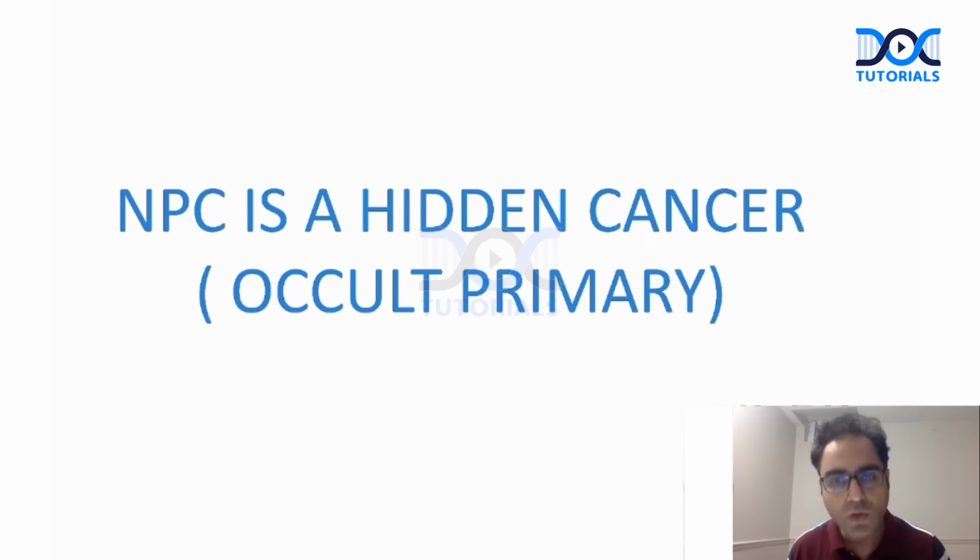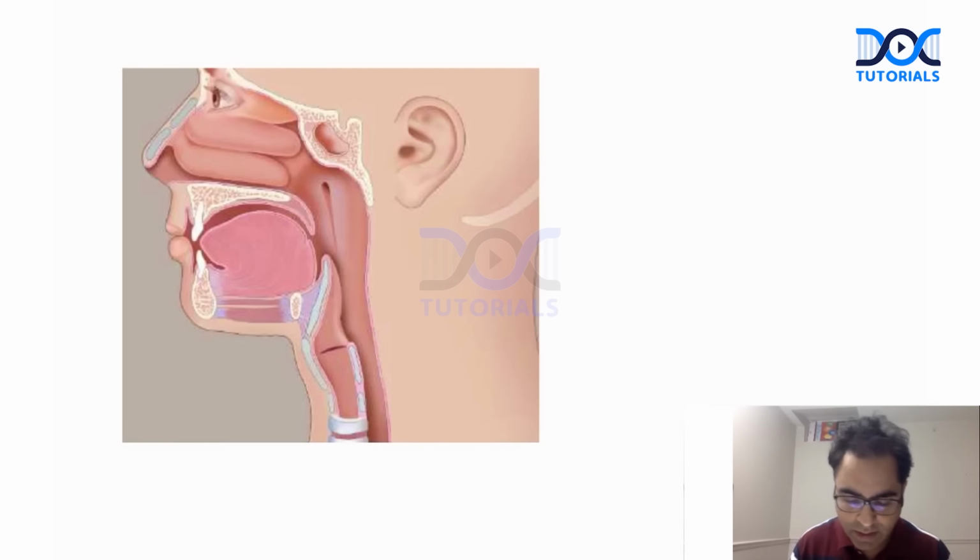Now, as I told you, NPC is hidden cancer, means occult primary. Now, cancer is actually developing in this area. How can you see this area? It's very difficult to see unless you do endoscopy. And very soon, this cancer is going to metastasize. The neck nodes will develop metastatic lymphadenopathy.